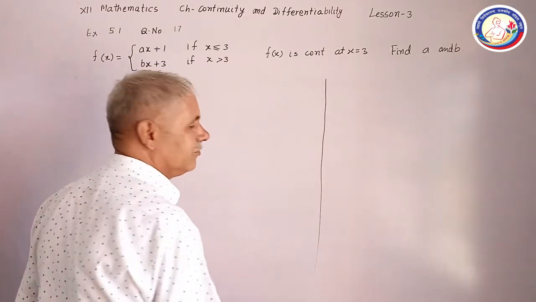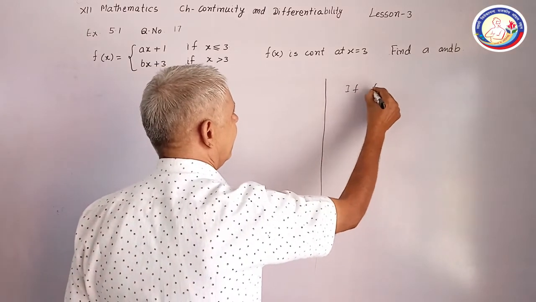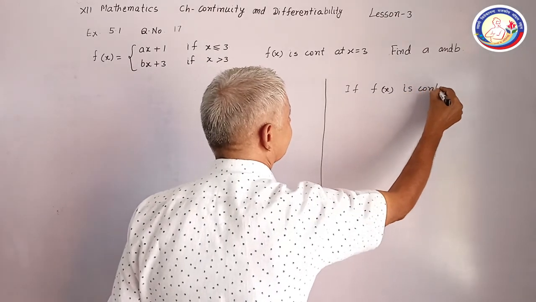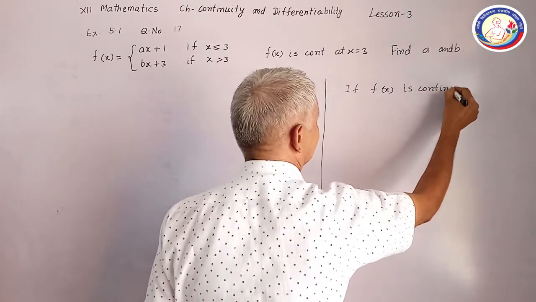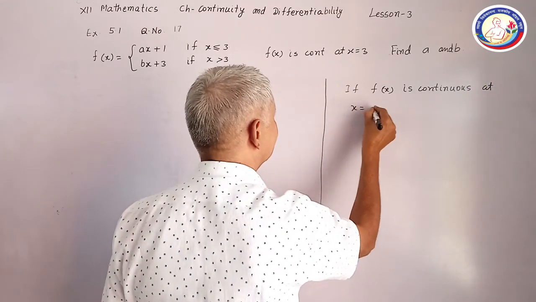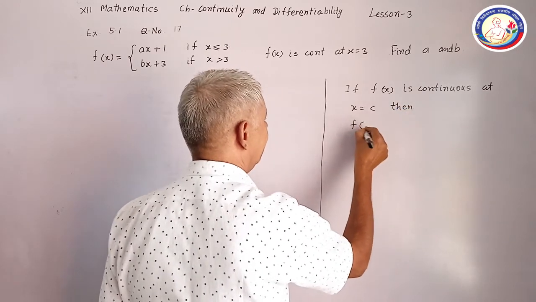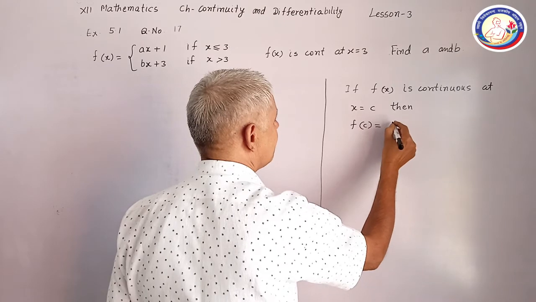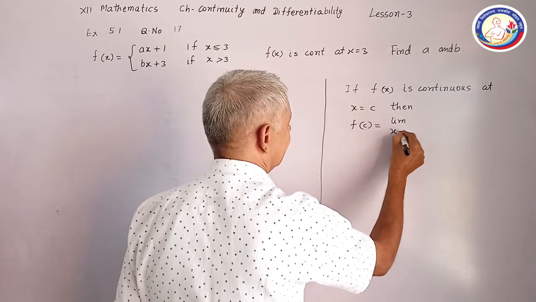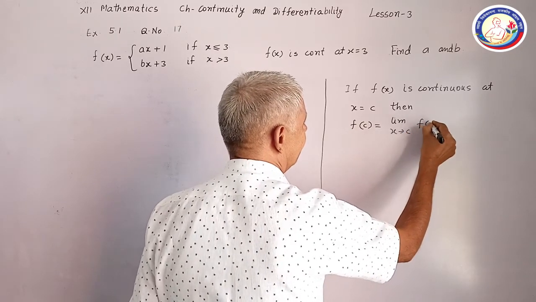What do we mean by a continuous function at a particular point? If f(x) is continuous at x equal to c, then the value of the function at c is equal to the limit when x tends to c of the function.